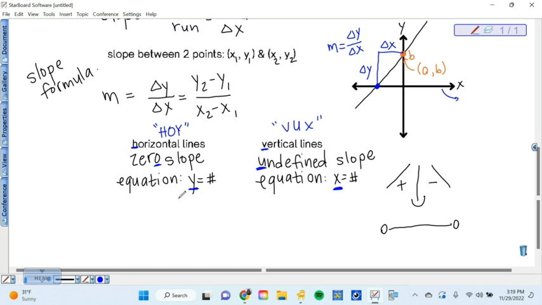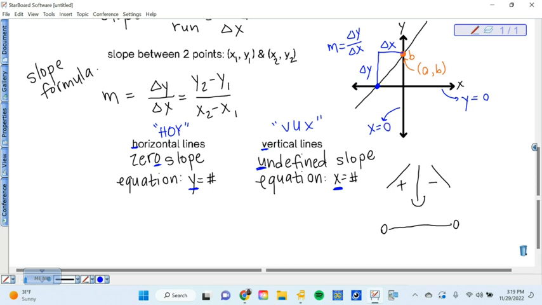Horizontal. So what's my equation going to look like? y equals some number. What number does that equal? 0, yeah. So my x-axis is y equals 0. What's the equation for my y-axis? x equals 0. Good. Okay.